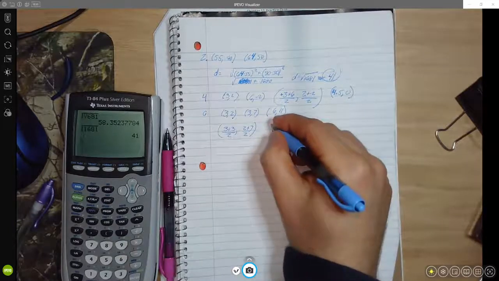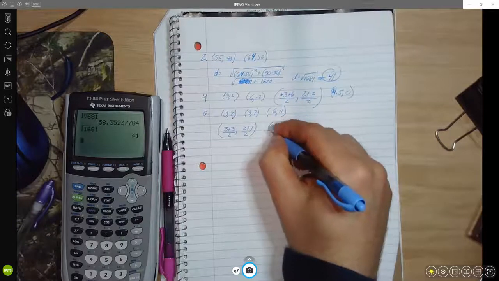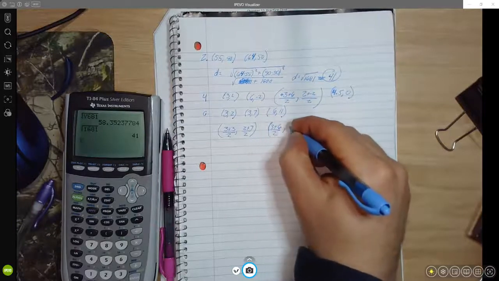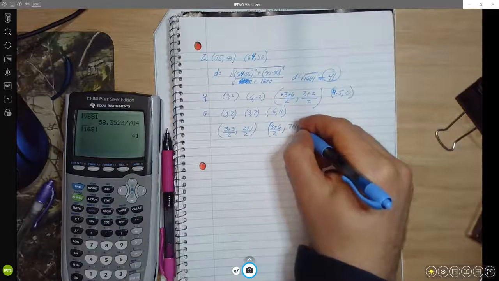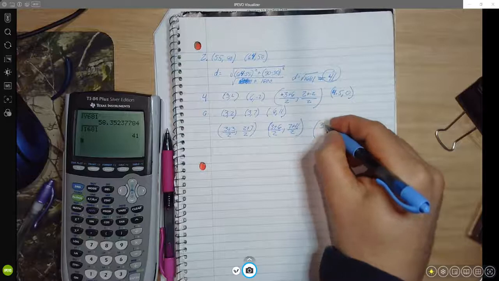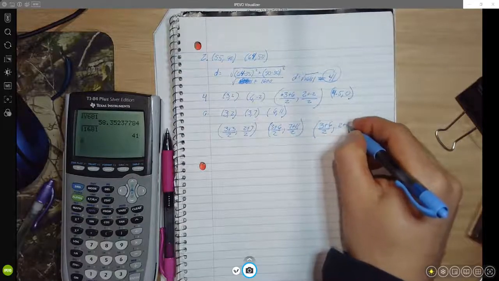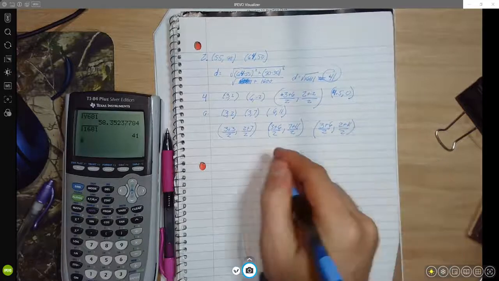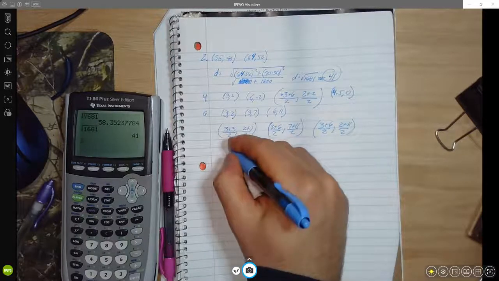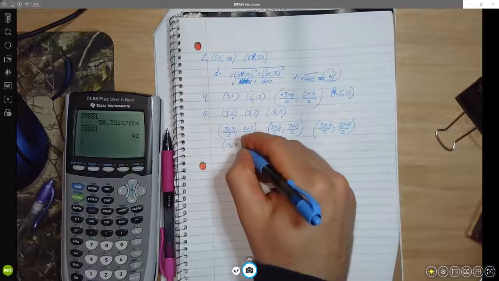Then 3 plus 6 over 2, comma, 7 plus 11 over 2. And then 3 plus 6 over 2, 2 plus 11 over 2. So 6 over 2 is 3, 9 over 2 is 4.5.